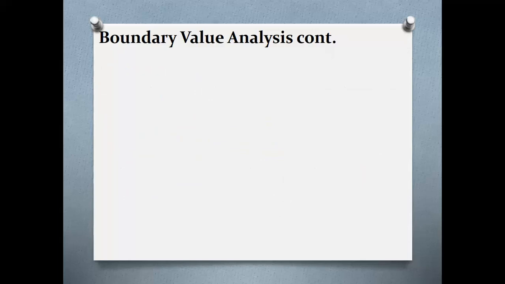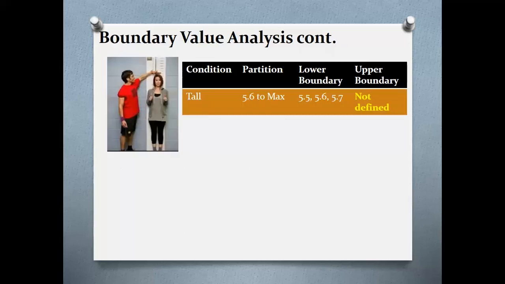There would also be situations wherein identifying the boundaries is not always possible. Consider a height measurement example where they categorize a height of 5 feet 6 inches and above as tall people. The maximum value accepted by the system is left unidentified because there is no established height limit that would categorize a person as tall.